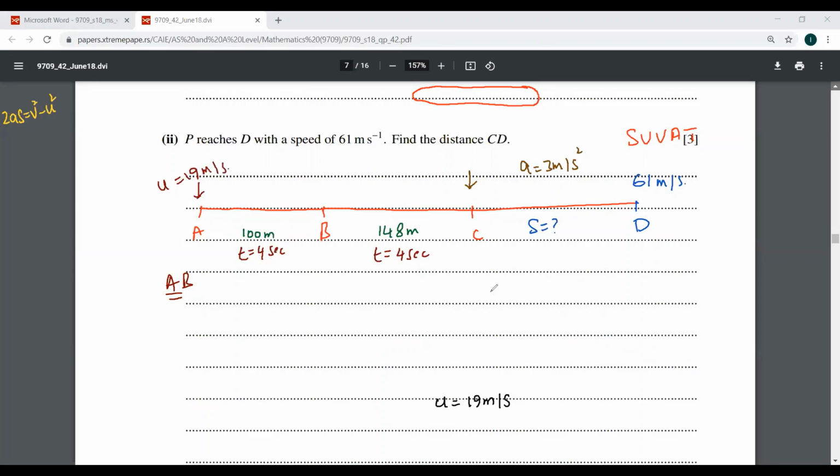So let's find the total distance AD, that is going to be found through 2as equal to v square minus u square. So this is 2 into 3 into s, that is equal to 61 square minus 19 square. So guys, what is the total distance?